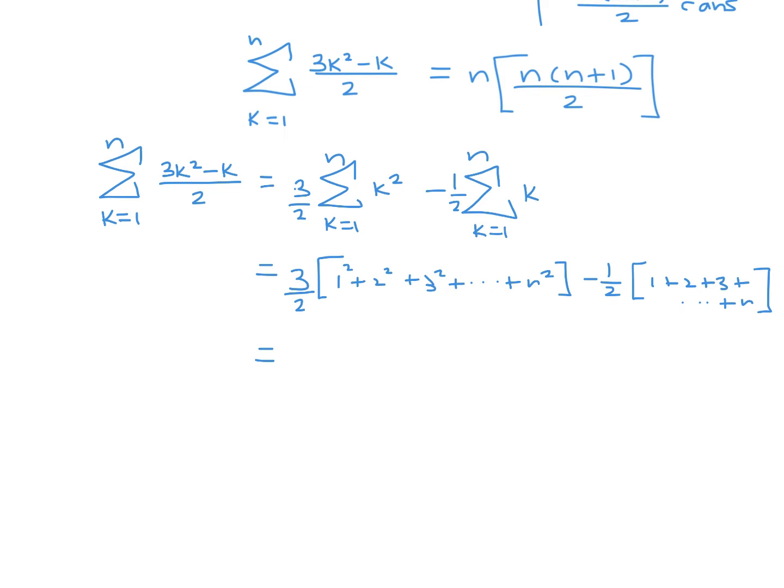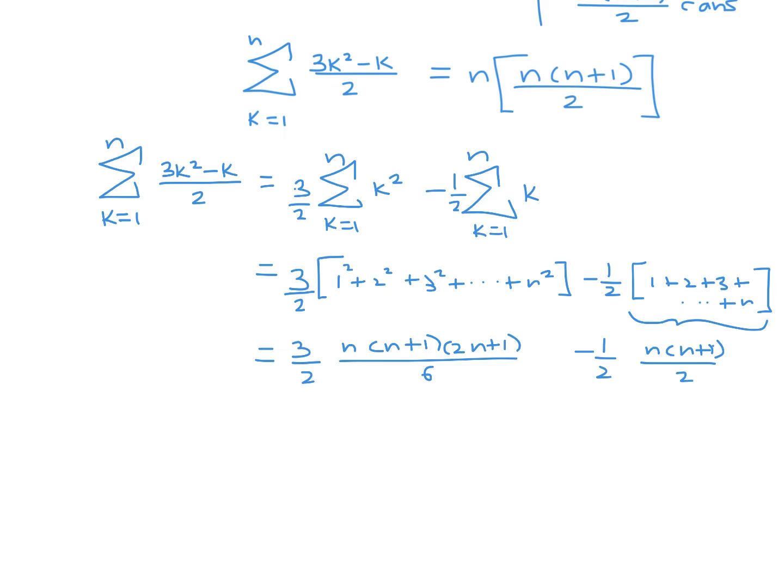Okay, well, this one here, this guy, you know that formula. It's n times n plus 1 over 2. This, however, is a little bit lesser known of a formula, but it is very helpful to remember that. That formula is n times n plus 1 times 2n plus 1 all over 6.